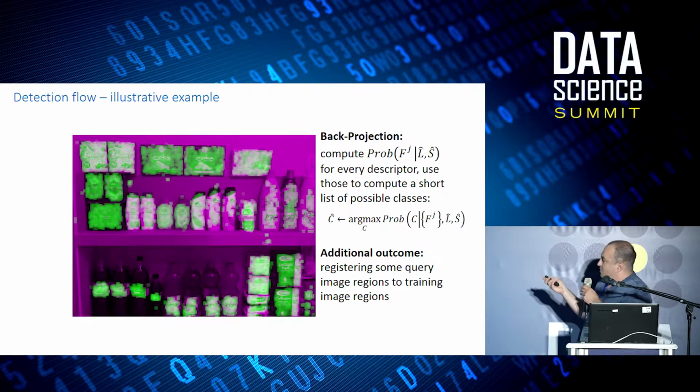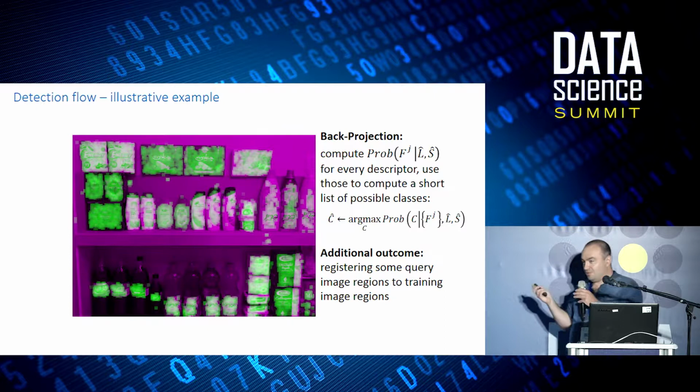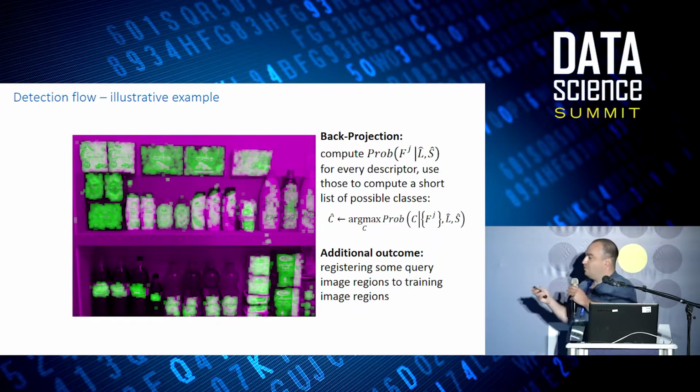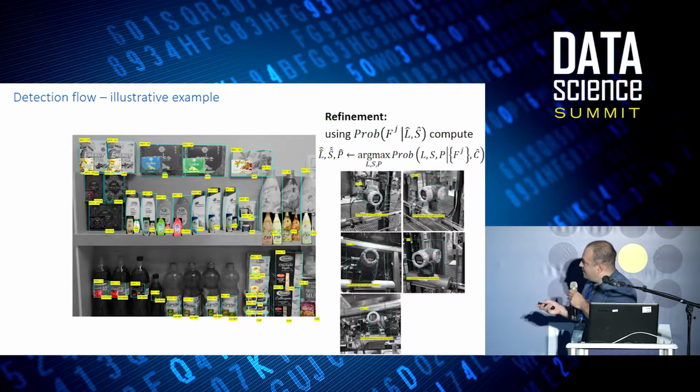Now, having this hypothesis, we can back project. We can go back to the image and say which of the descriptors supported each of the hypotheses, and have a certain segmentation of the scene, let's say. Each segment is supporting a certain hypothesis, and then we can use those segments to vote for the correct class, and so on and so forth, and then we get the result. In some cases where we have the 3D pose as well, we also regress the pose from those back-projected descriptors.